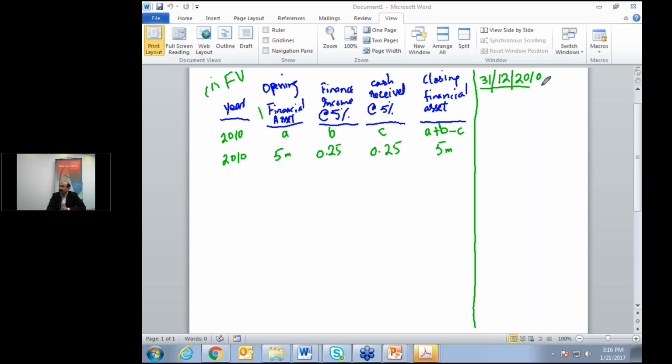And the method will be the same. What are the future cash flows from this point onward? Of course, future cash flows are annual interest receipts, and at the end capital repayment.